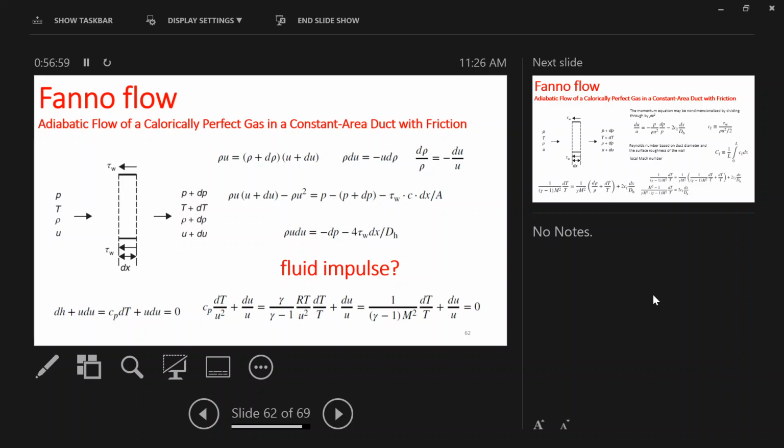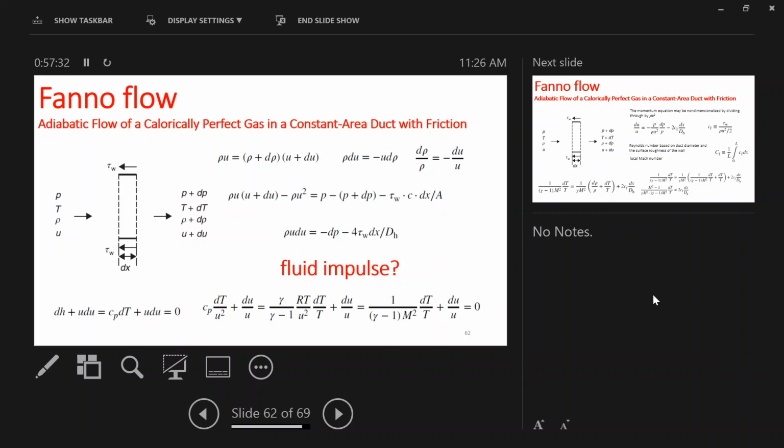So the wall shear stress that represents the friction is related to velocity, right? But if your velocity changes within the duct, then you cannot just have a big picture view of the duct. You have to look at small elements, right? So let's write the continuity, the conservation of mass, momentum, and energy equations for these small elements.